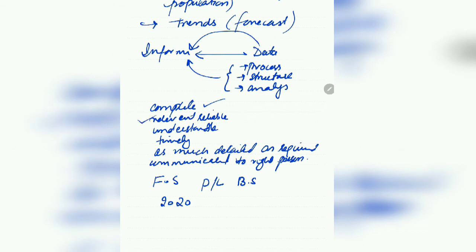If it is a public company in which I want to invest, it is properly signed, and all the management have taken their proper responsibility, then it is reliable. Understandable means they should not be using very hard and tough language, jargons that are not understandable by me. It should be in simple words, and timely: whenever I require it, it should be provided to me, and the detail which I need should be present there. In this way we can say that it is good information.